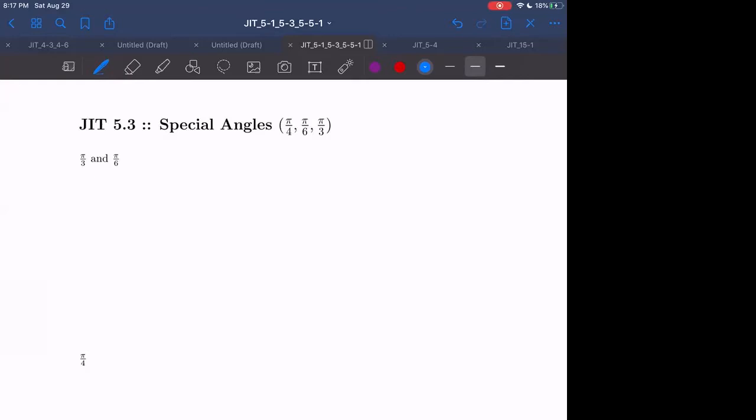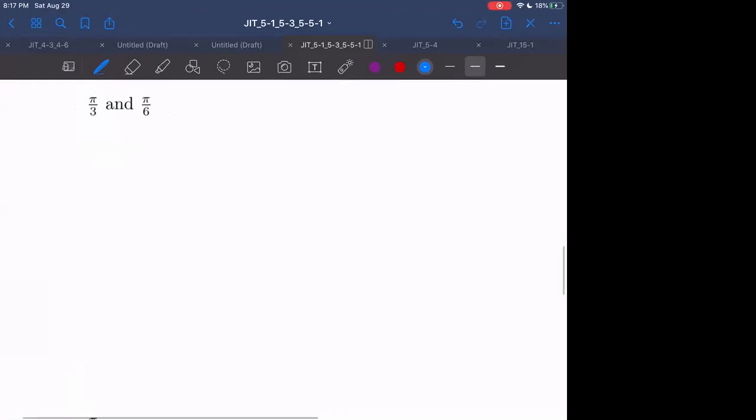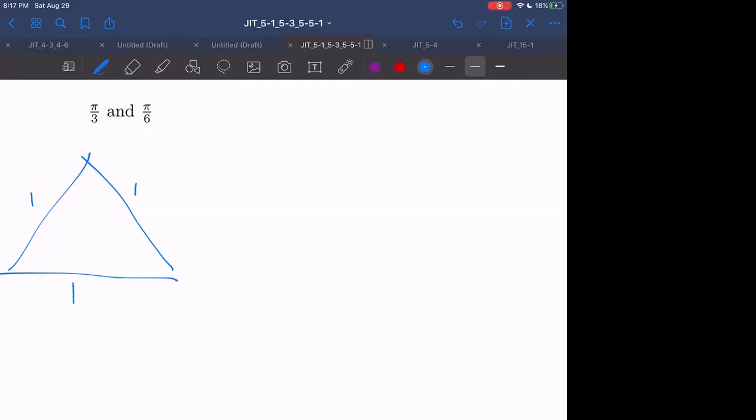So we'll do pi/3 and pi/6 first because they're related. So if I take a triangle and all of my sides have length 1, and I cut this down the middle, that gives me my right angle, and this side is half because it's half the length.